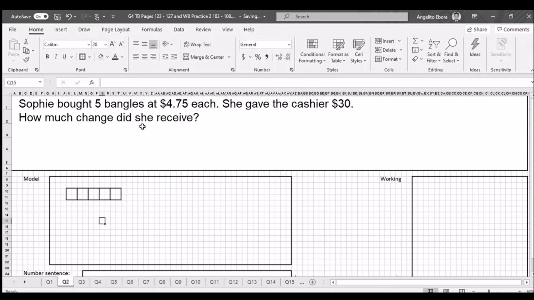Okay, and it says each bangle is $4.75. I think I need to make the model bigger.